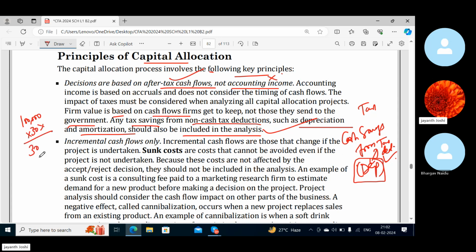That is 30,000. Let's say if depreciation is considered as tax allowable, and 20,000 is your depreciation expenditure, I'm removing that and getting 80,000. On 80,000, at 30%, I am paying a tax of 24,000, and I'm saving 6,000 here. So that is a very important cash inflow for me, this cash saving. So I consider this in my capital budgeting or capital allocation decision.